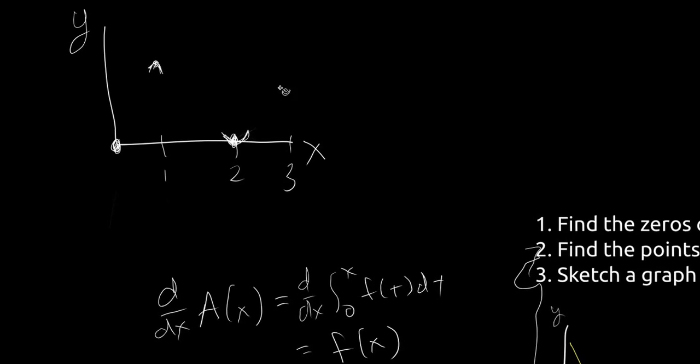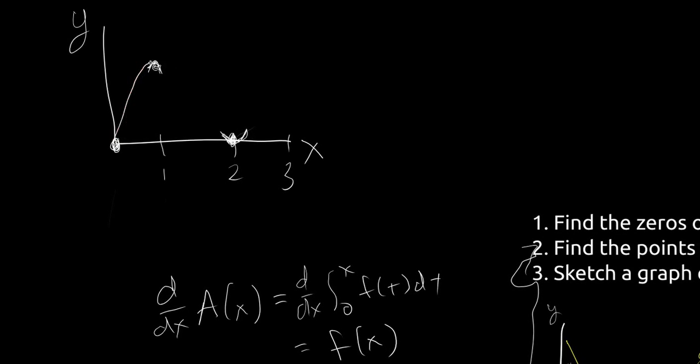So it looks something like this, and I'm just going to fill in the dots, something like that. So rough sketch of the area function y equals A of x.